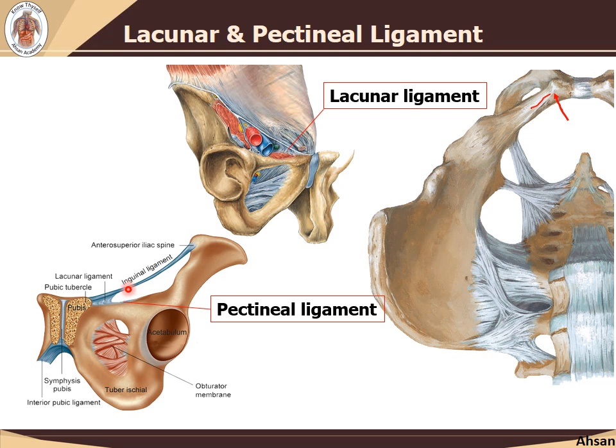It's rolled in, making a gutter-like groove. Medially, it gives some fibers inserted into the pubic tubercle and pectinate line. It continues as the pectineal ligament over the line. So all this medial arrangement is a very strong insertion of the inguinal ligament to the pubic bone.